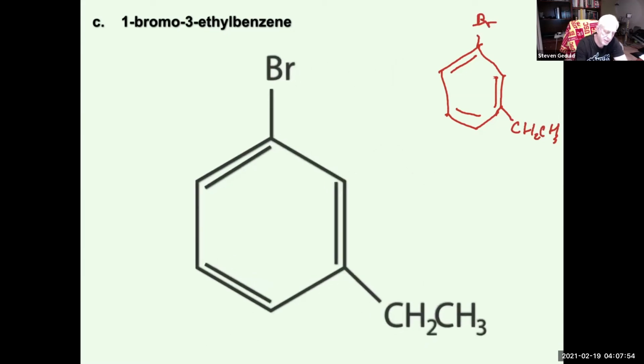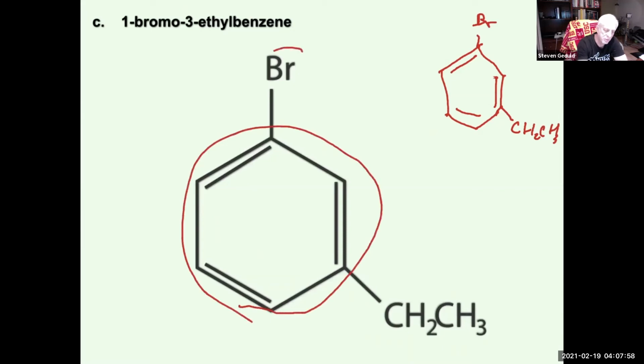So again, here's benzene. Your attachments are at number 1 and at number 3. 1-bromo-3-ethylbenzene. Or, like you said before, meta-bromoethylbenzene, because you wouldn't have any other numbers.